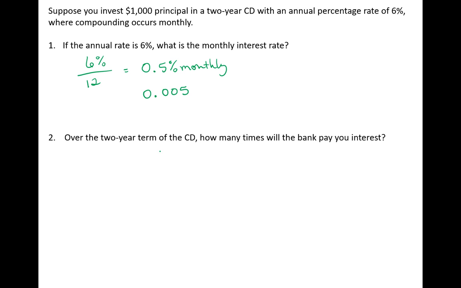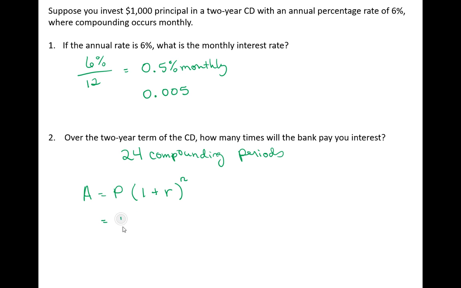Over the 2-year term of the CD, how many times will the bank pay you interest? Well, that is going to be 24 compounding periods. If I use that formula that we just had, the amount is the principal times 1 plus the rate to the nth power, we now have to realize that we need a monthly rate here and the number of months here.